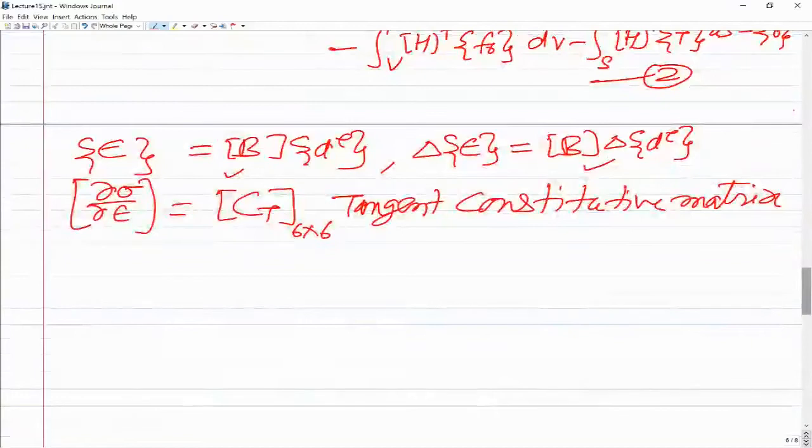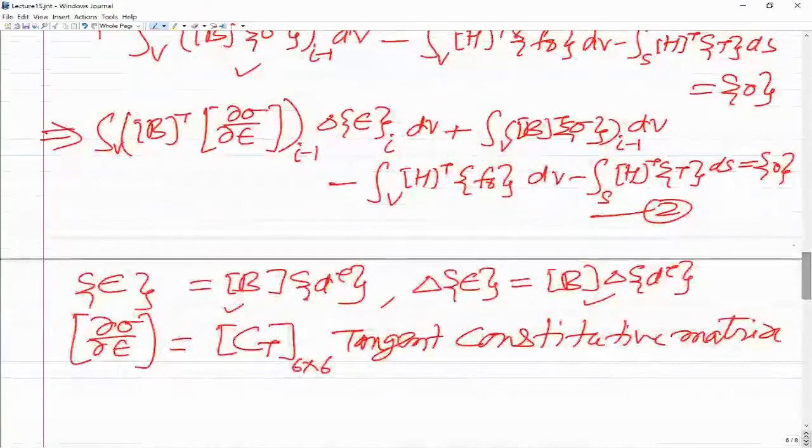So if you look at the delta sigma here, we are putting the value of epsilon i minus 1 in the case of B transpose also. B, in this small deformation problem, is a known quantity.